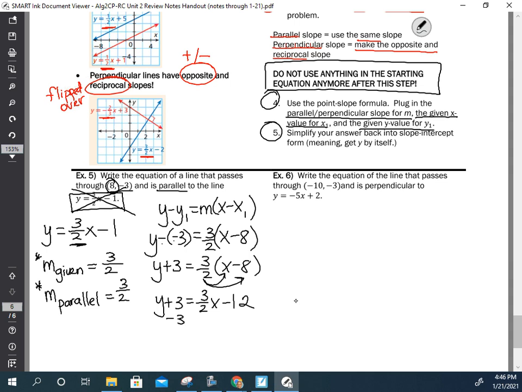And we subtract 3 on both sides. So y equals 3/2x minus 14, and that completes the parallel problem.